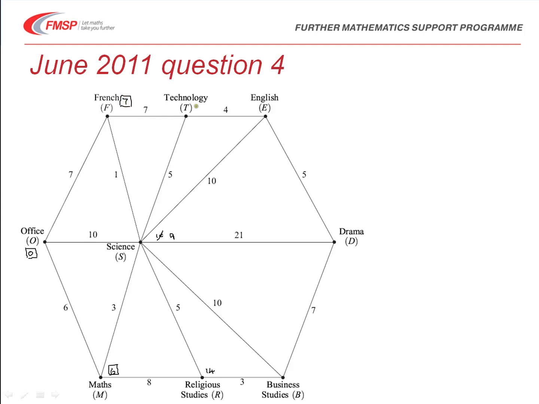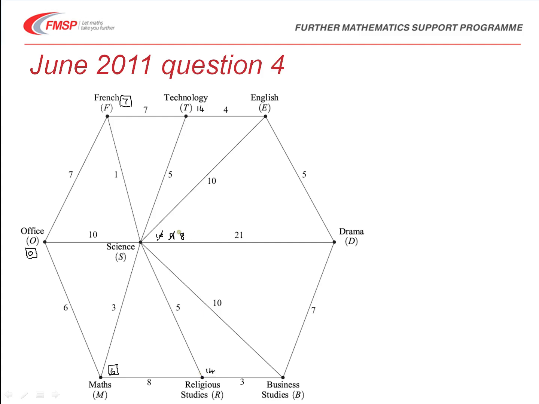Now work out technology: 7 plus 7, which makes 14. 7 plus 1 gives us 8 to science, which again is better than the 9, so we cross out the 9 and put in an 8. Once again we've got 14, 8 and 14.